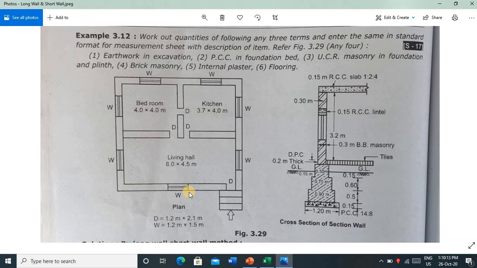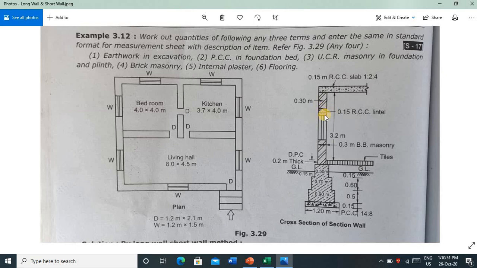The length of lintels will be the length of door plus some projection, because generally the lintel is fitted between the brickwork 0.15 meter more on each side. So the 0.15 meter at one side and 0.15 meter at another side, so we have to add the 0.30 in length of the door to get the total length of the lintel. See here it is, this is the lintel.